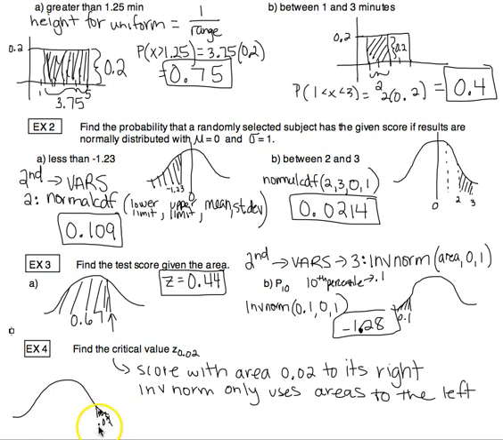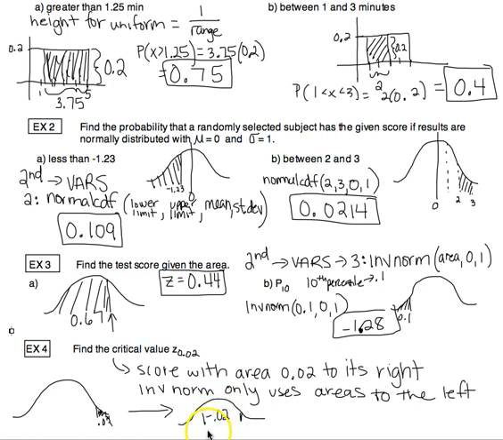So if you put in inverse norm 0.02, 0, 1, you're not going to get the right answer. So what we have to do is we have to use the complement, because we know that if the area to the right is 0.02, then that means that the area to the left of that same spot is going to be 1 minus that, because we know, again, that total probability is 1, and since probability and area are now one and the same thing, we can use the complement.